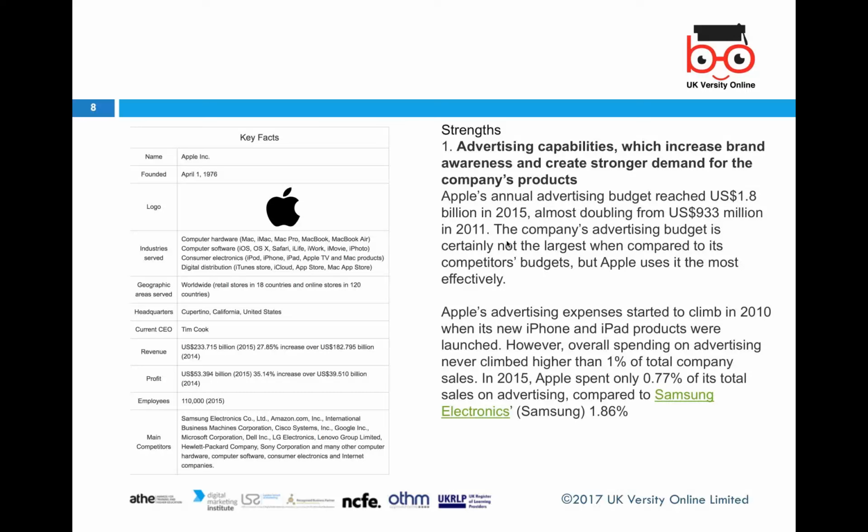In comparison, against its next biggest competitor, Samsung, and the Galaxy Tab, Apple's spend is about 0.77% of its sales, just under 0.75%, which is the ratio of advertising spend to sales. Compared with Samsung's, they're at about half or more than half of what Samsung spends in terms of advertising budget.